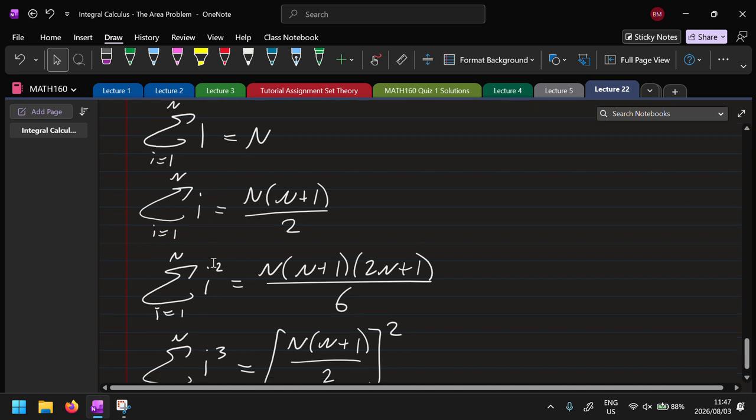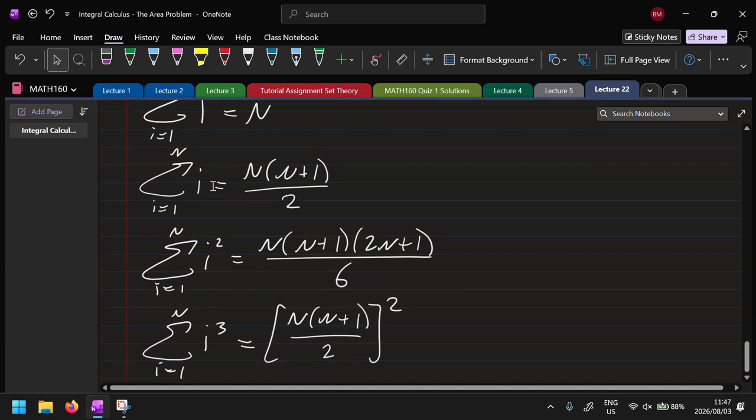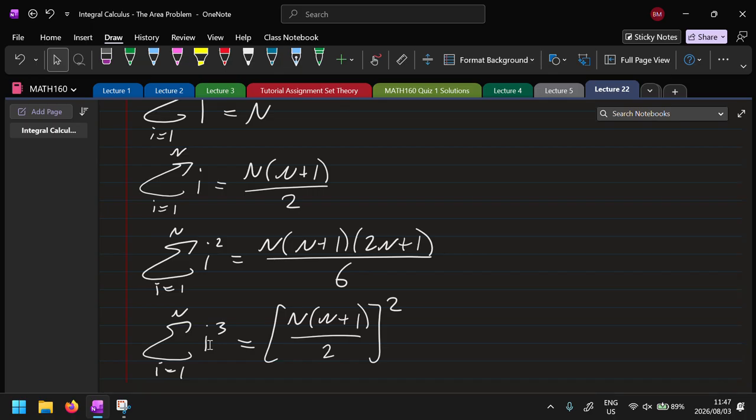So constant, i squared, i cubed: linear, quadratic, cubic polynomials. You're expected to know these formulas. Anything after this, you are not expected to know. By that, I mean these are not given to you.